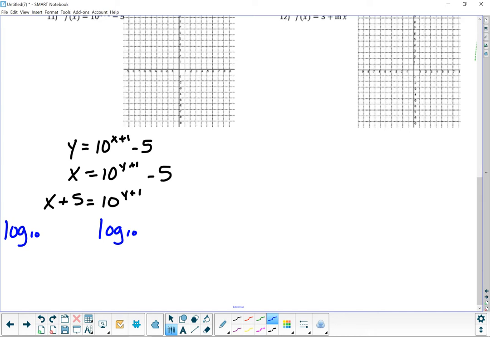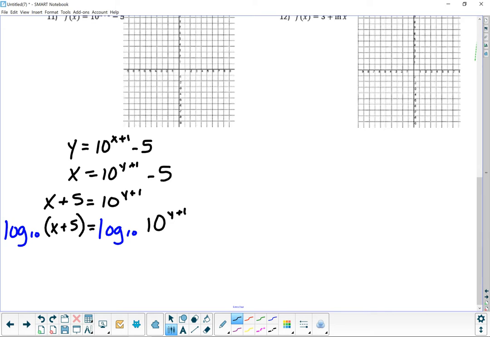Okay, and if you do that, you will get log base 10 of x plus 5, and that x plus 5 is in parentheses because it's log base 10 of the whole thing, and then it's log base 10 of 10 to the y plus 1.